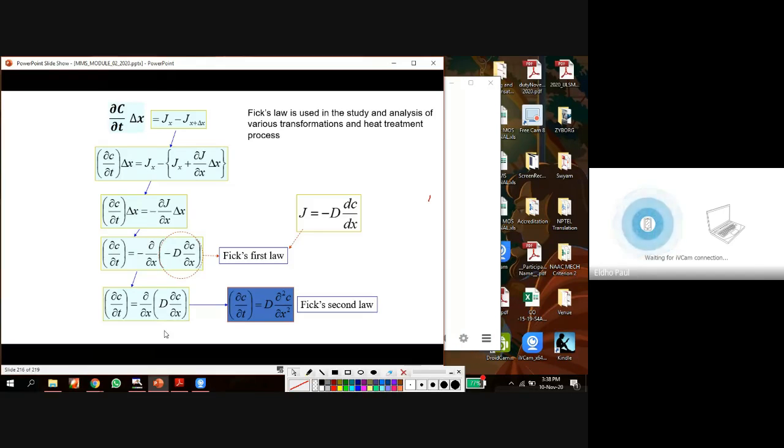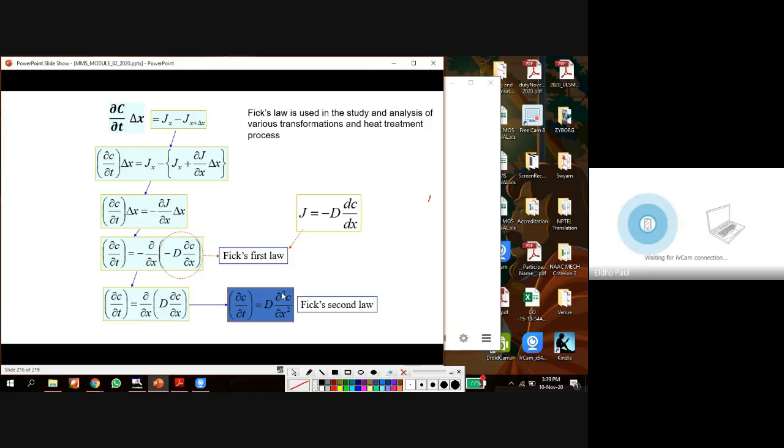And that is the variation of that variable with respect to time. Here it is concentration, but it can be any variable. So dou C by dou T is the instantaneous change. And dou square C by dou X square is the second differential coefficient with respect to space.